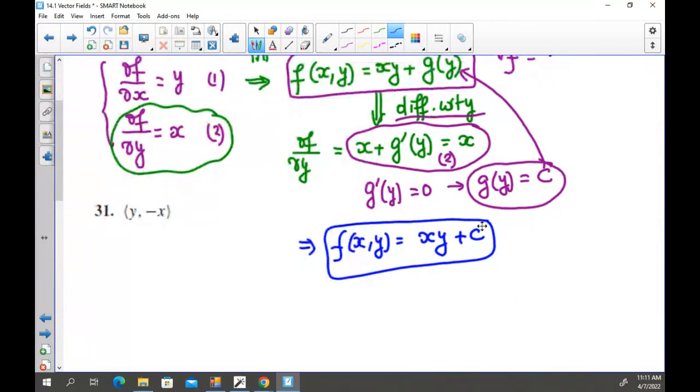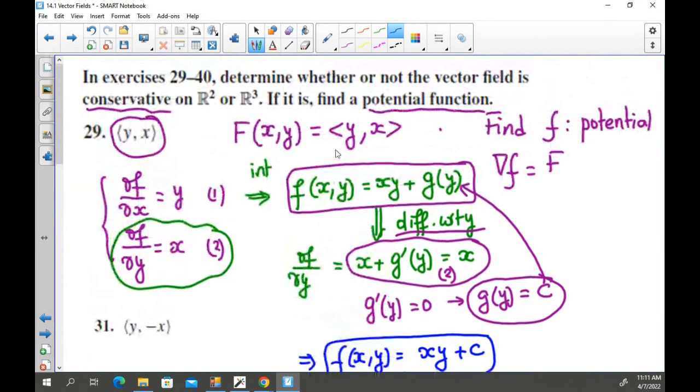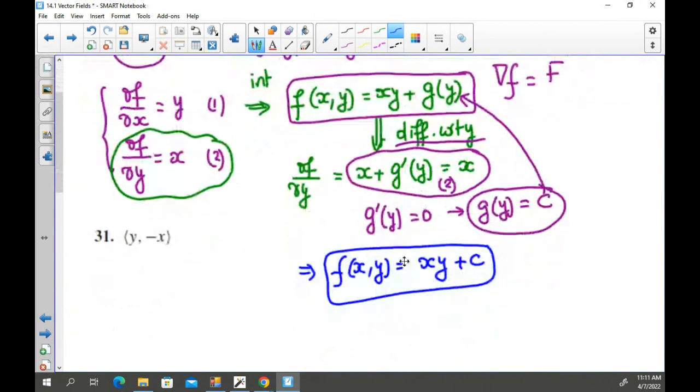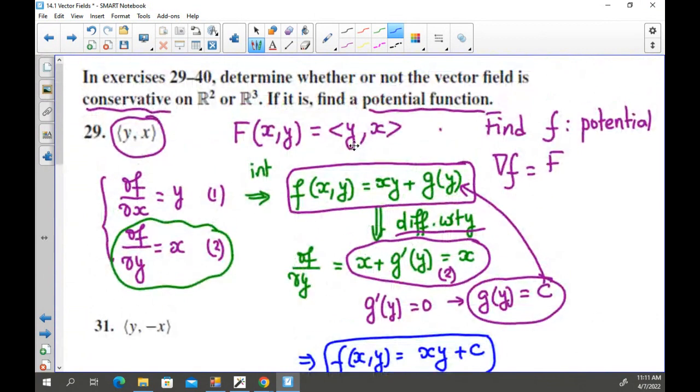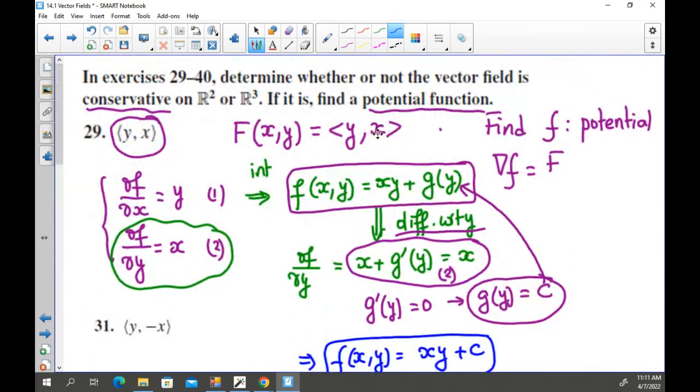Again, you can check that the gradient of this function f is (y, x). What is its derivative with respect to x? y. What is its derivative with respect to y? x, and it's exactly here.